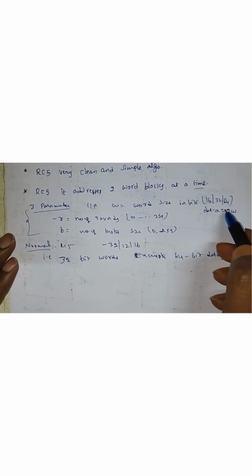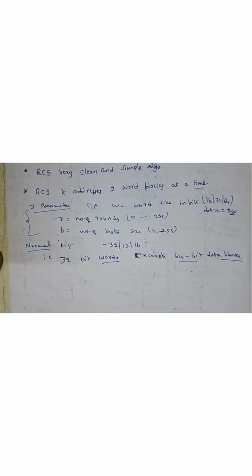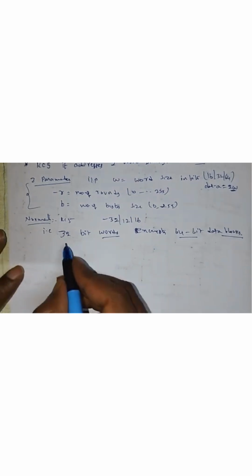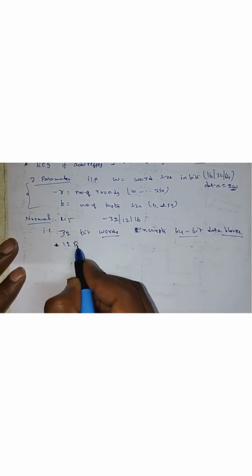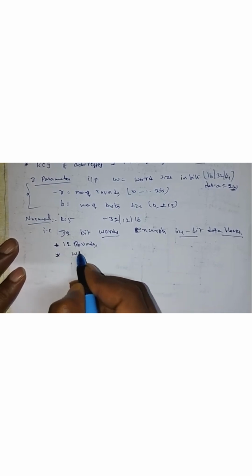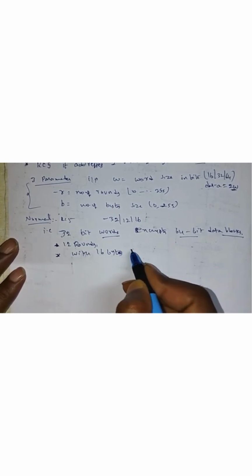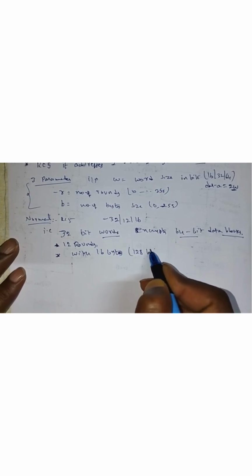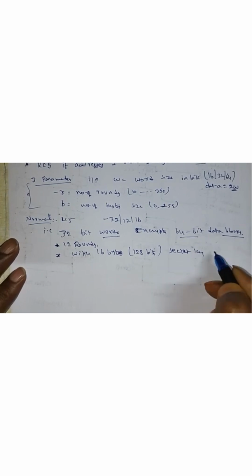Why? Because data equals 2 words. So 32-bit words means 64-bit data blocks. It uses 12 rounds of operation with 16 bytes. 16 bytes means 128 bits. The secret key is used. It means 16 into 8, 128 bits.